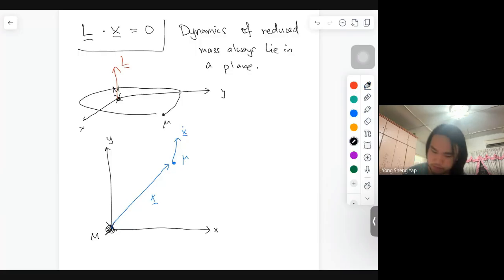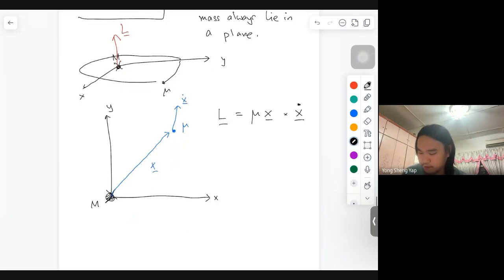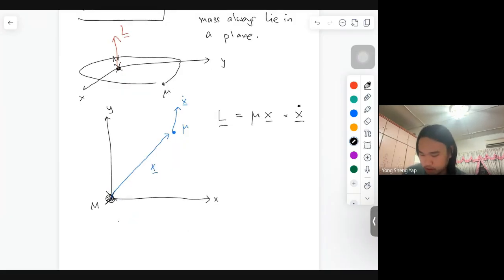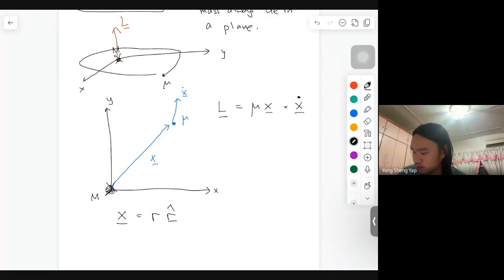Then we can finally come to understand what the angular momentum of this particle, the reduced mass, is. Basically, we can write this in terms of polar coordinates. In polar coordinates, the position of the reduced mass is a distance r from the origin, in the radial direction.